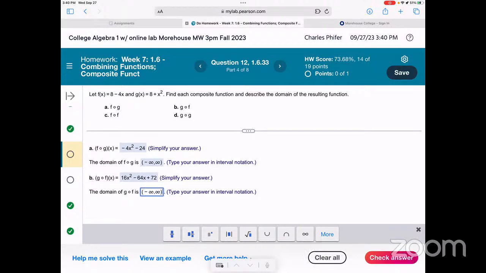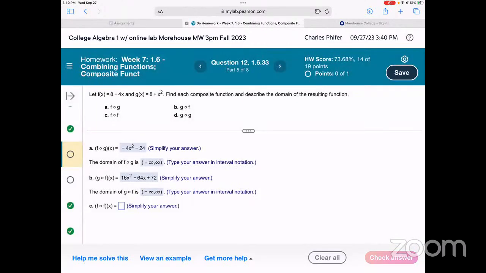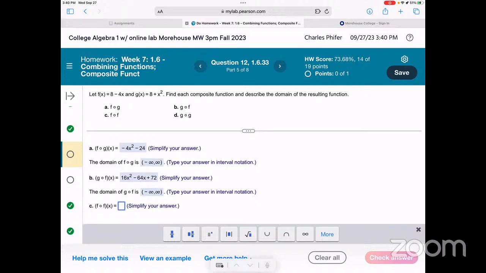f of f. Okay. So let's start by writing the outside function, but using our blank parentheses. So we're going to say 8 minus 4x, but then into the blank parentheses, we're going to put another 8 minus 4x. And then if we simplify, we're going to have 8 minus 32 plus 16x.